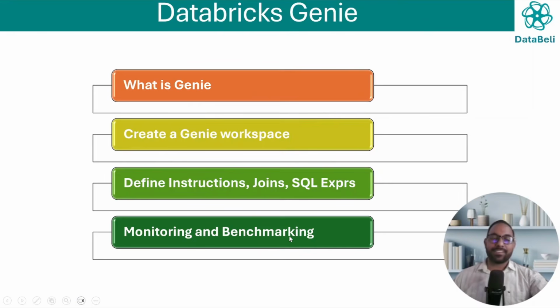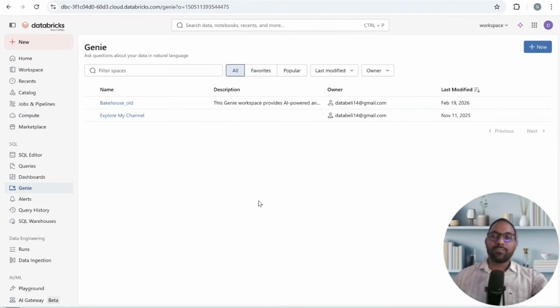So, let's get started. First of all, let's understand what exactly is Genie. Genie is an AI powered platform for business intelligence applications. Basically, we just provide it any data in terms of tables, and then we can ask any natural language based questions.